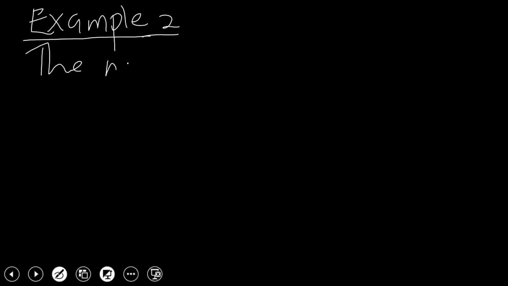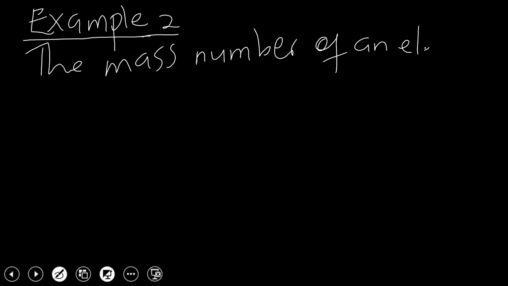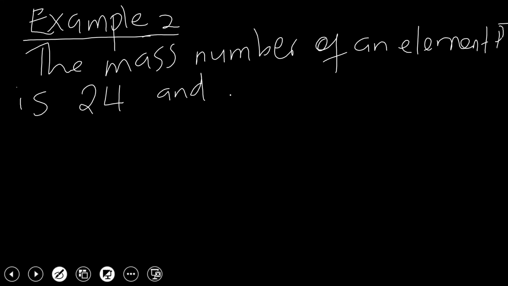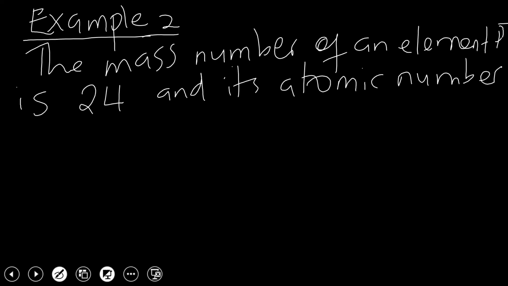So now we have another example here. The mass number of an element P is 24, and its atomic number is 12.